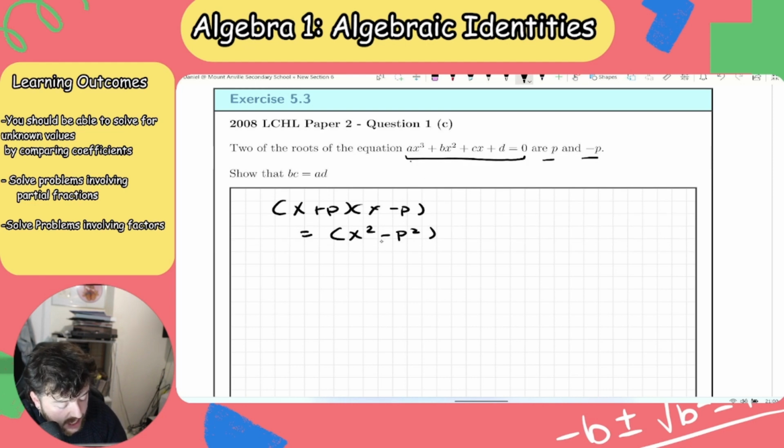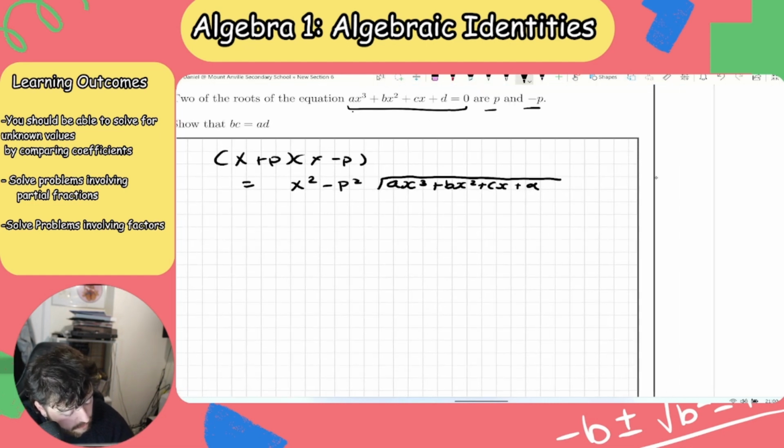So if I divide x squared minus p squared into ax cubed plus bx squared plus cx plus d, I should be able to get something that allows me to get down to this. So let's divide in. So ax cubed plus bx squared plus cx plus d. Right, so going to do my division. So ax cubed divided by x squared is ax.